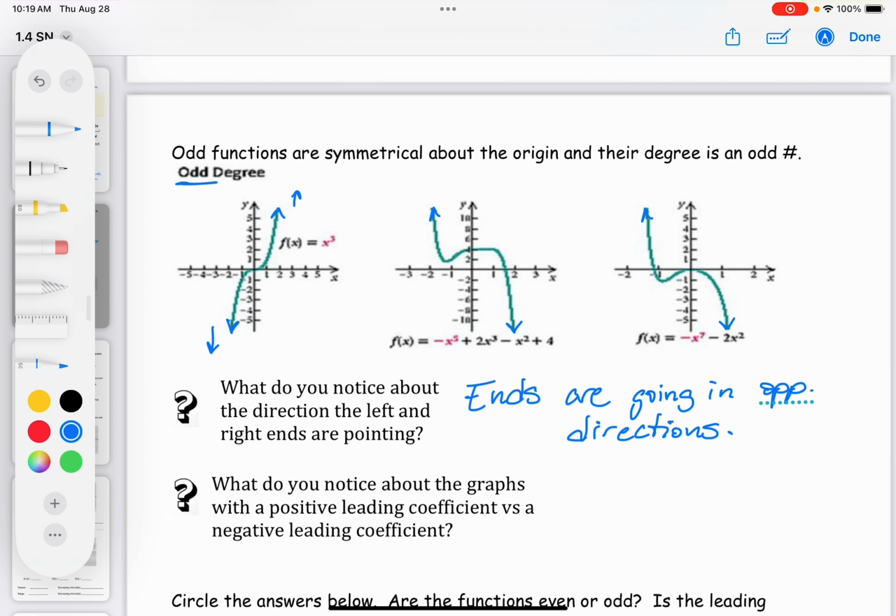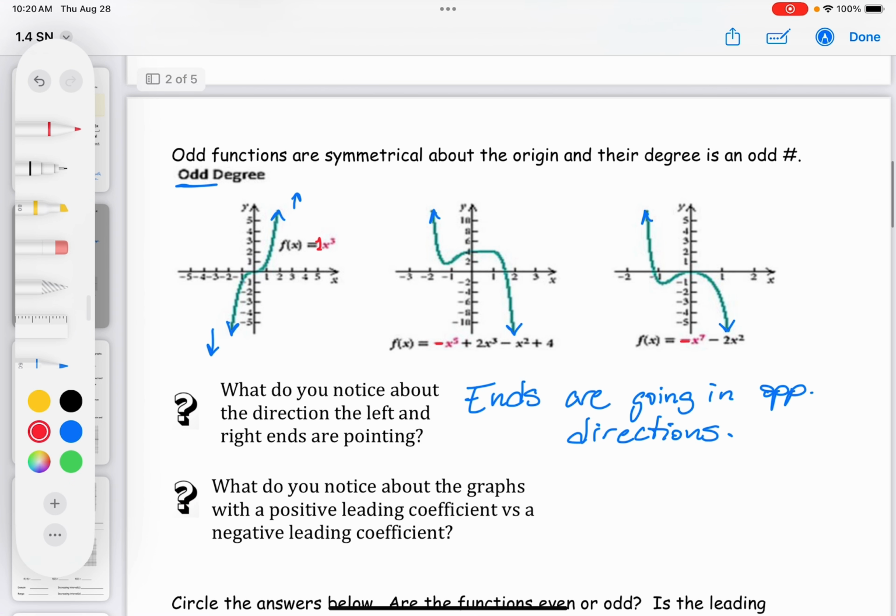The next question says, what do you notice about graphs with a positive leading coefficient versus a negative? This one has, technically, a positive 1 out front. This one has a -1 out front. This one has a -1 out front. Generally, the positive coefficient is going to take my graph in a positive direction, where the negative leading coefficient is generally going to take my graph in a negative direction.